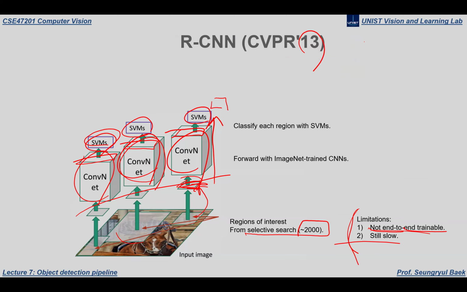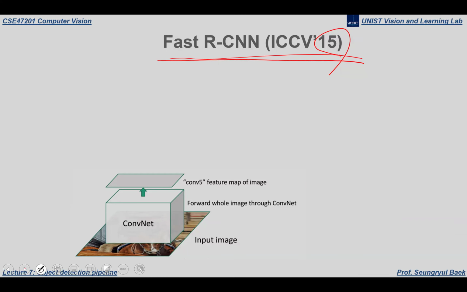If you remember, AlexNet, one of the successful CNN architectures, was published in 2012. So there's a one year gap. Right after computer vision researchers saw AlexNet work well for the ImageNet challenge, they were developing algorithms for how to make object detection successful using the CNN.